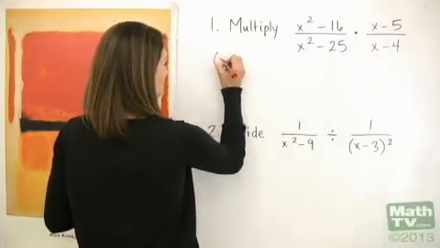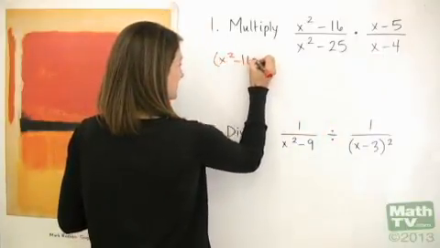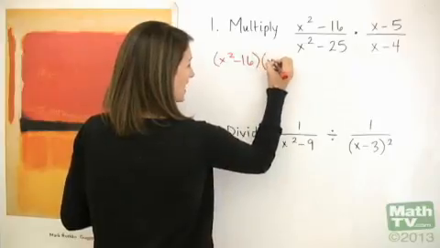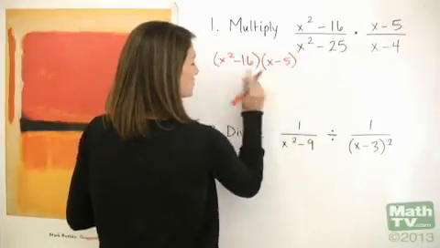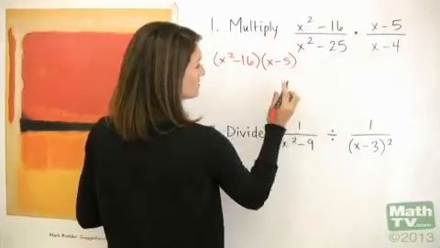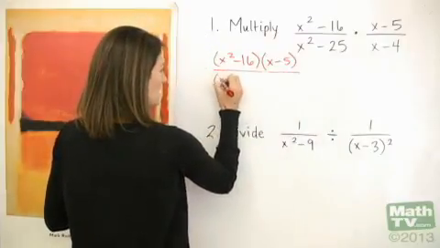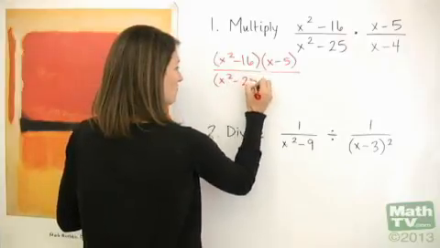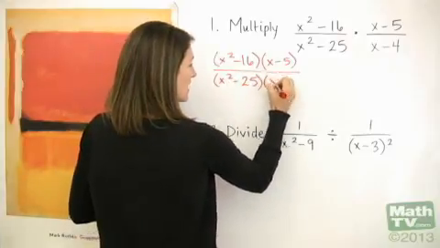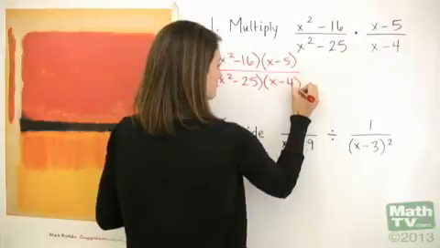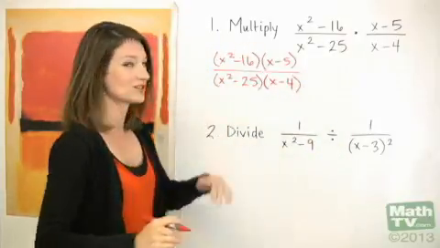We have x squared minus 16 times x minus 5. So here's our product of our numerators. And this is over the product of our denominators, which is x squared minus 25 times x minus 4. Now we need to reduce to lowest terms.